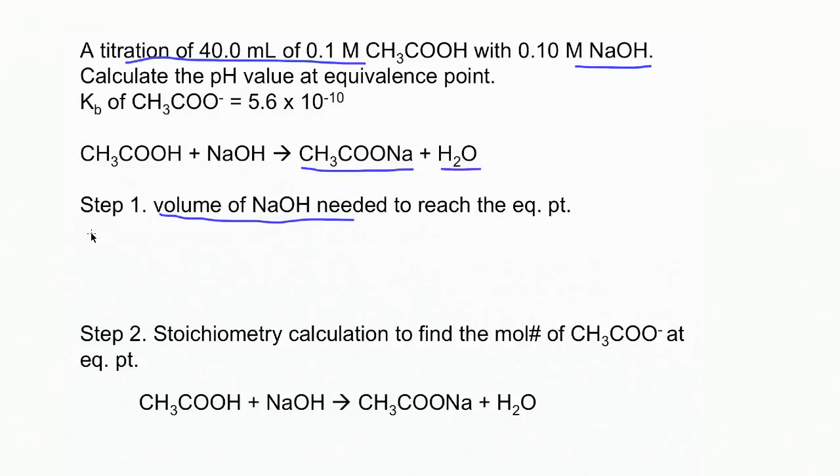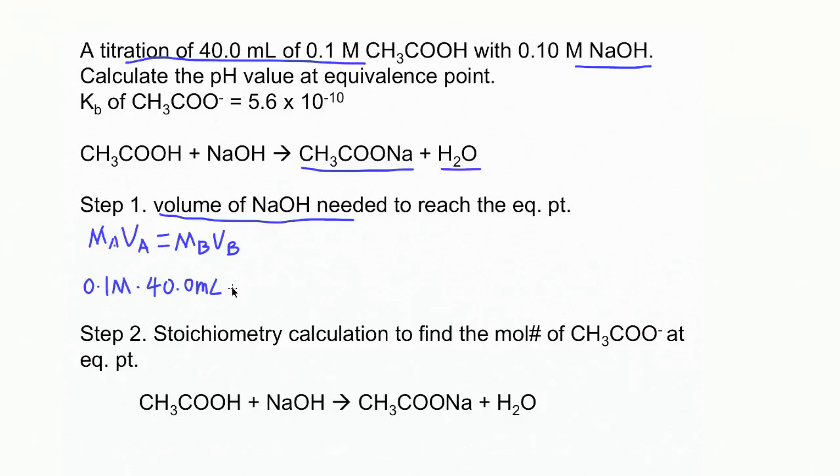Alright, in step 1, you can use MA VA equals MB VB to do the calculation, because this is a one-to-one reaction. MA is 0.1 mole per liter times 40 ml, and you don't have to convert the ml to liter, because if we maintain the same unit for volume on the two sides, you can cancel the unit anyway.